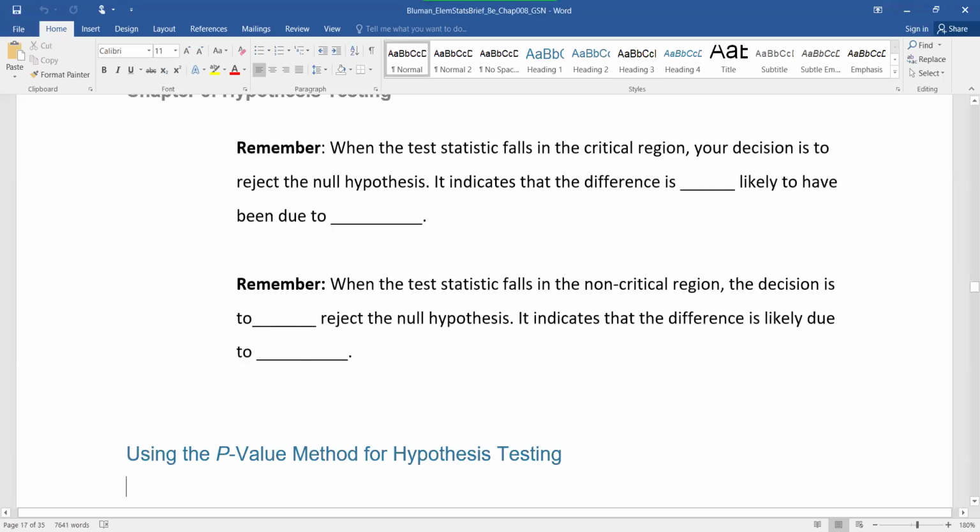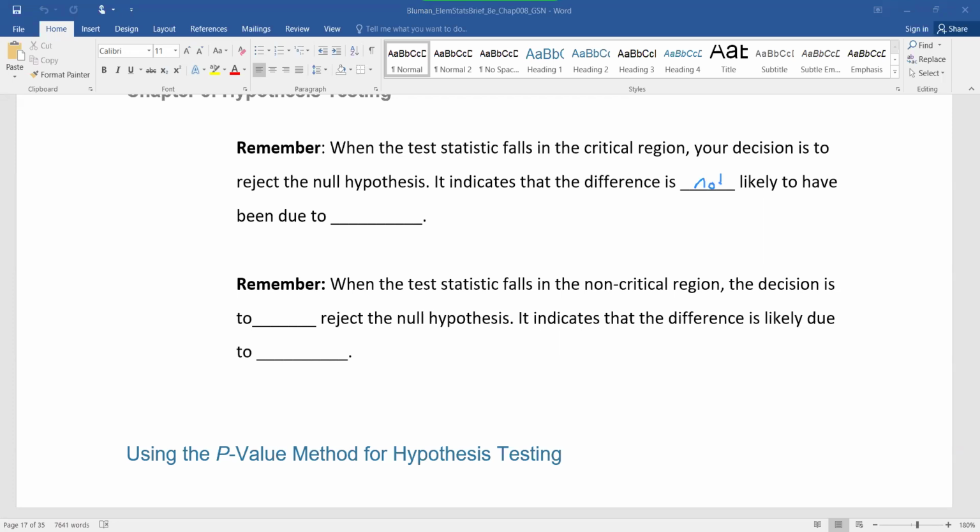All right. Remember, when the test statistics falls in the critical region, your decision is to reject the null. If it falls inside the critical region, it indicates that the difference is what? There you go. Words that work, right?